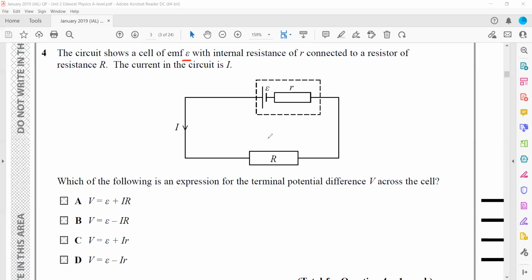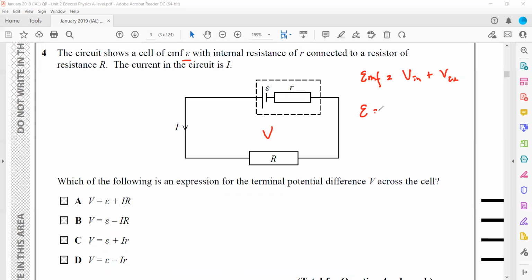Here, voltage V. The total EMF is equal to the voltage drop internally plus the voltage drop externally.